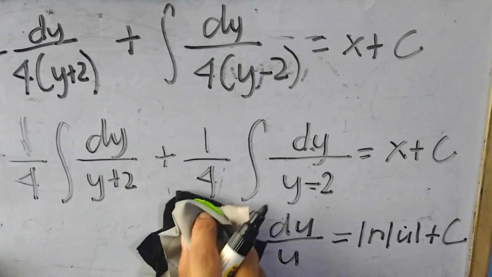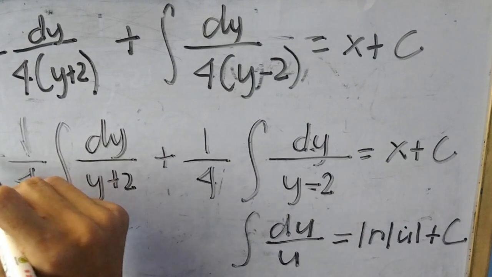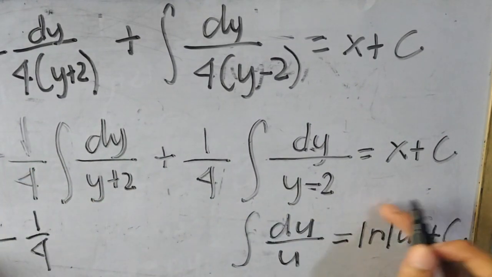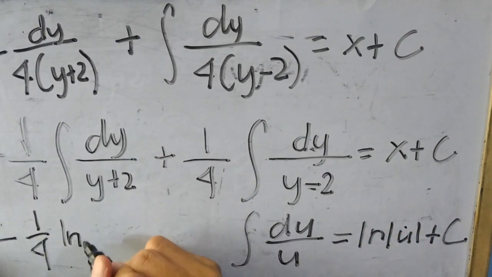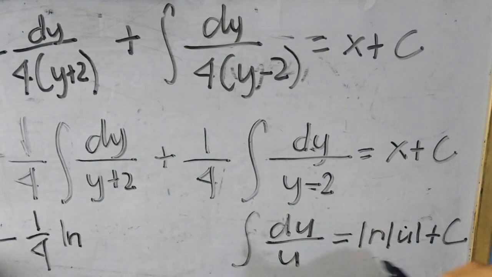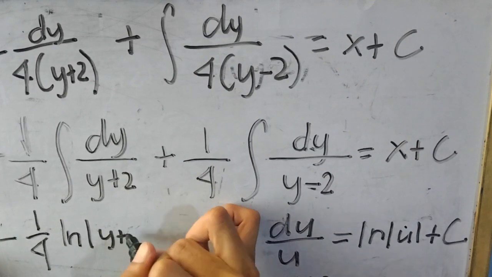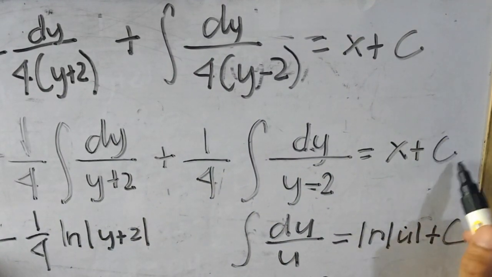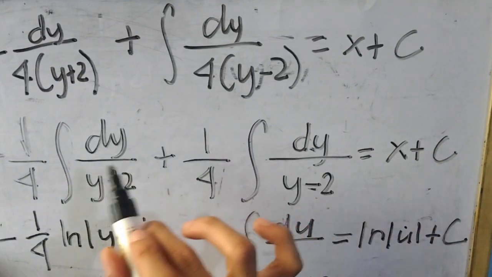So this integral of dy over y plus 2 is equal to negative 1/4, and then this formula ln u, where u is equal to y plus 2, so therefore ln y plus 2. We have the plus c here, so there's no need to put the plus c.